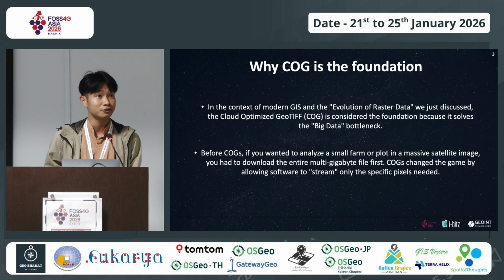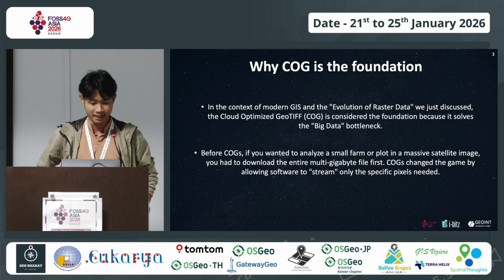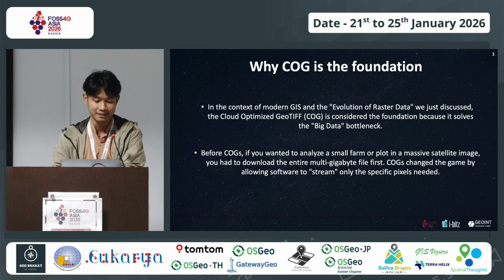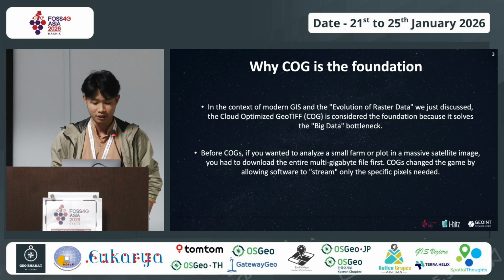Why is COG the foundation in the context of modern GIS and the evolution of raster data? We just discussed Cloud Optimized GeoTIFF, or COG. It's considered the foundation because it solves the big data bottleneck.